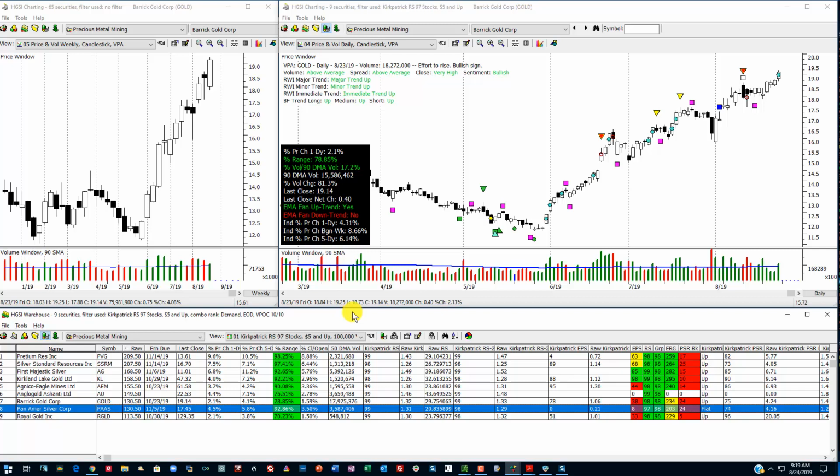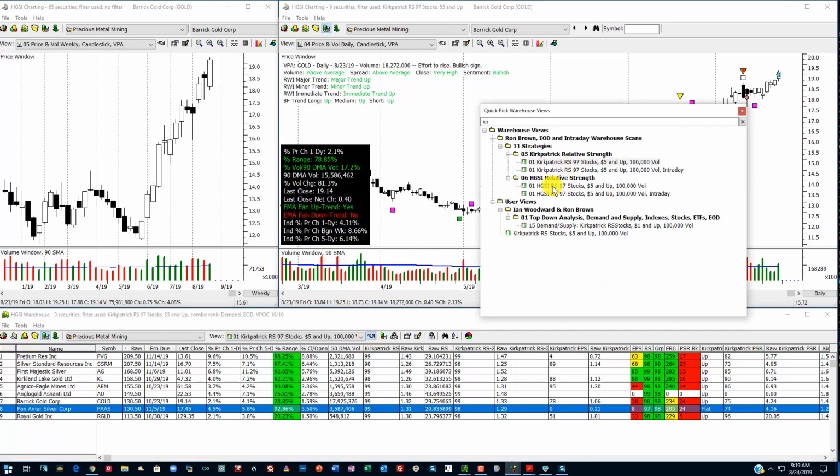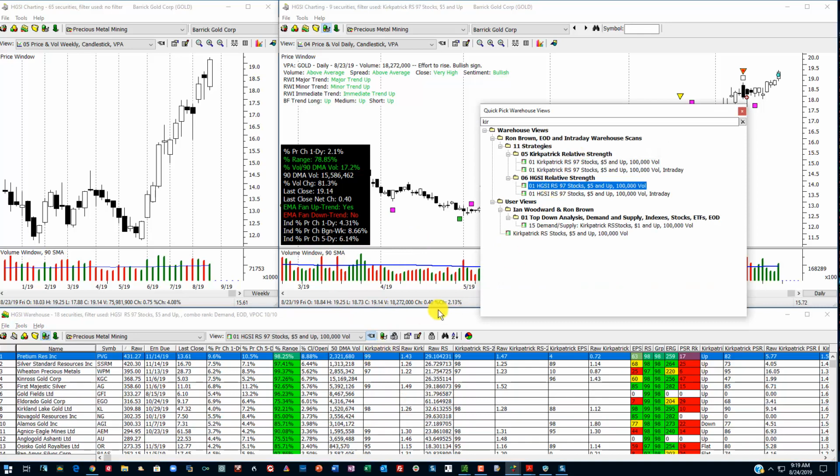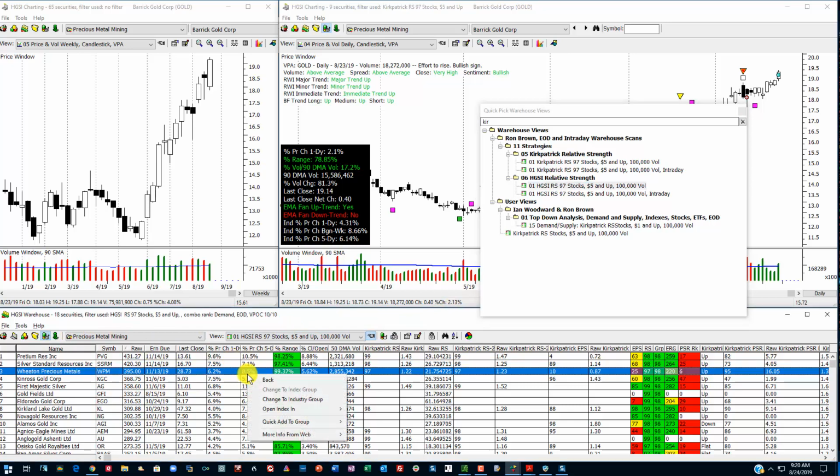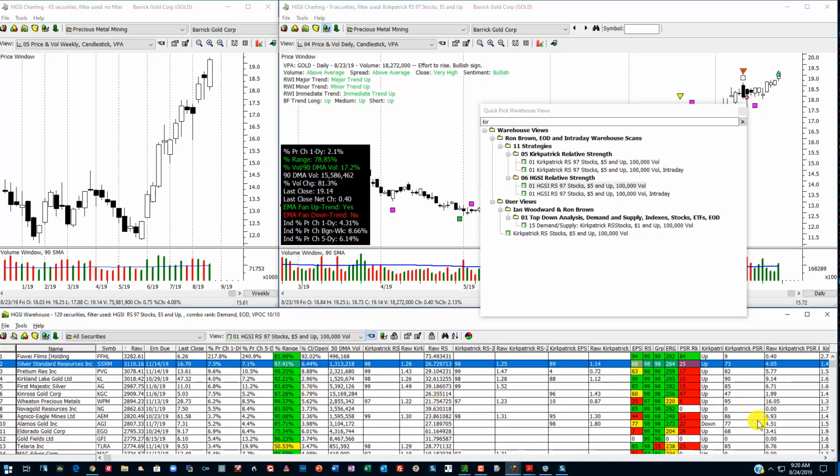That's long enough. The market is too insane to play unless you're in a strong group, and try using Kirkpatrick 97 and the HGSI RS97, and you will be able to locate some stocks that are potential trades.